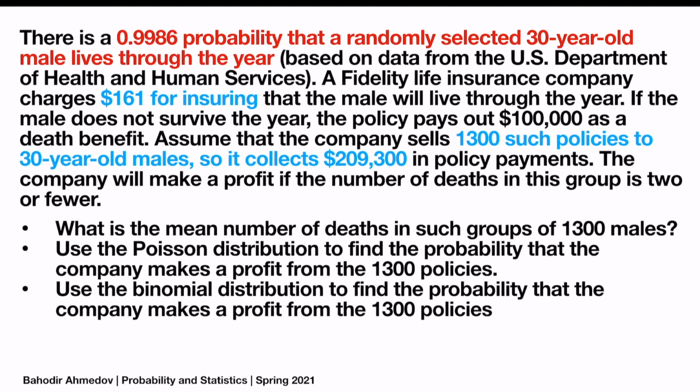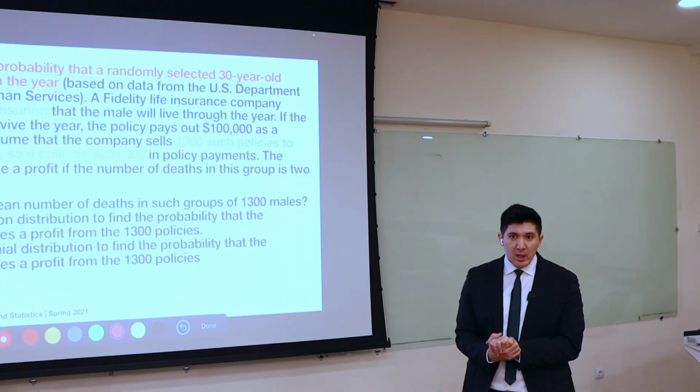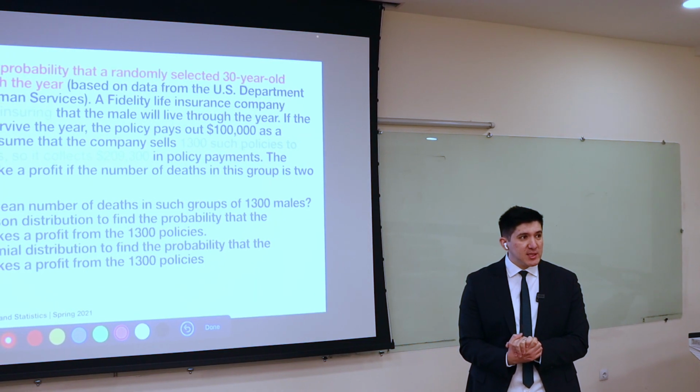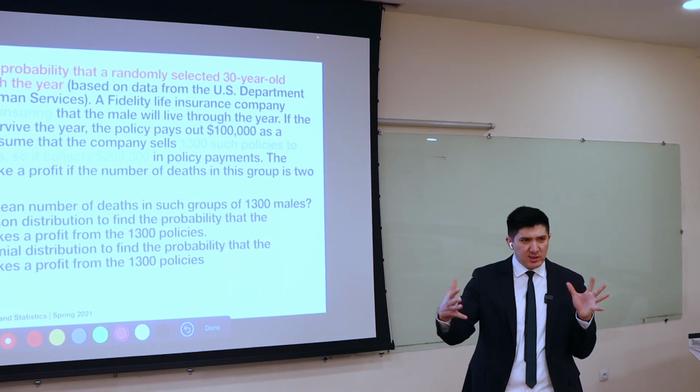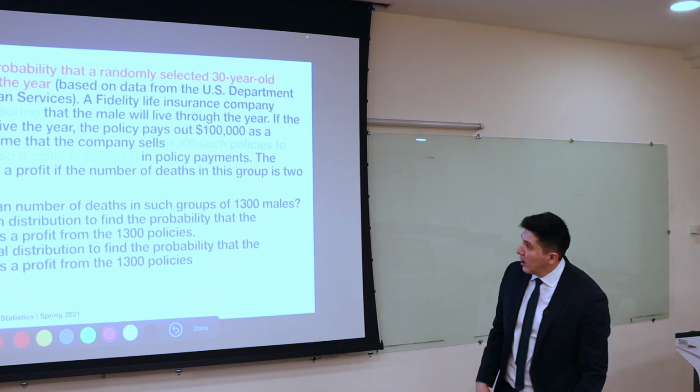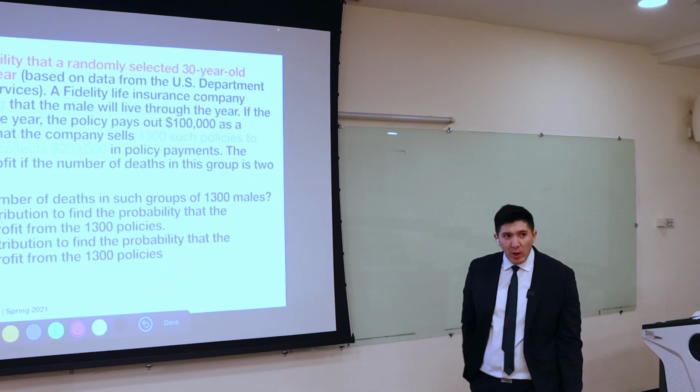The insurance company believes that the probability that a 30 years old male survives within a year is very high. It's actually 0.9986. So what they do is they would like to sell a policy, an insurance paper policy, for $161.